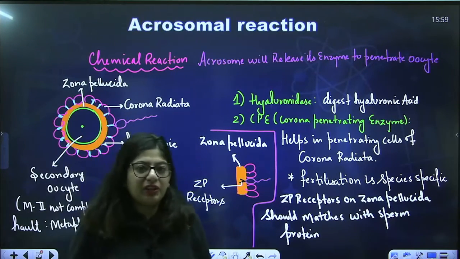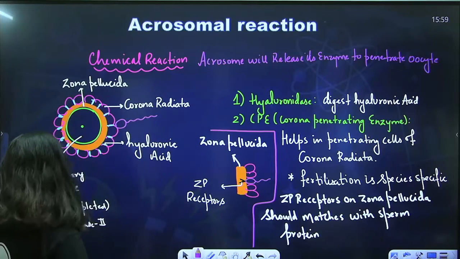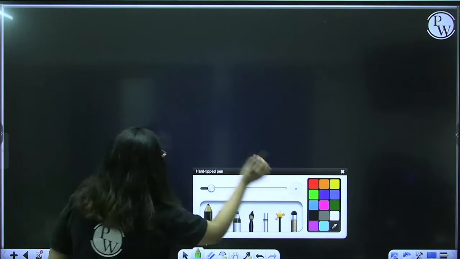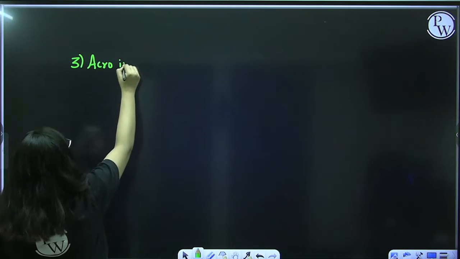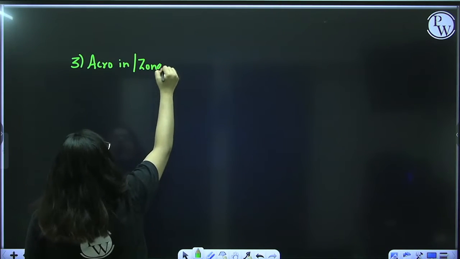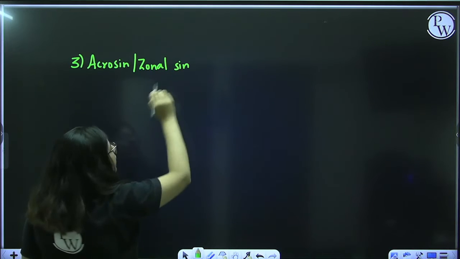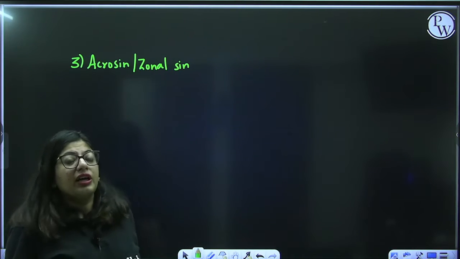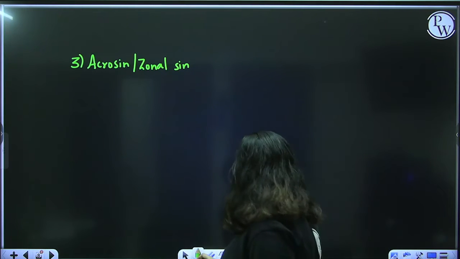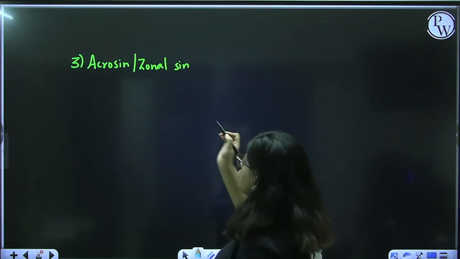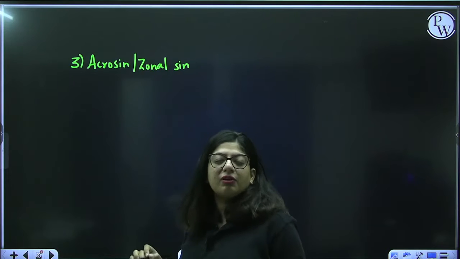So for penetrating the zona pellucida, there is a third enzyme known as acrosin, or zonalysin. Once recognition has taken place successfully, once the ZP receptor has matched with the sperm, the acrosome's enzyme, acrosin or zonalysin, will be released.